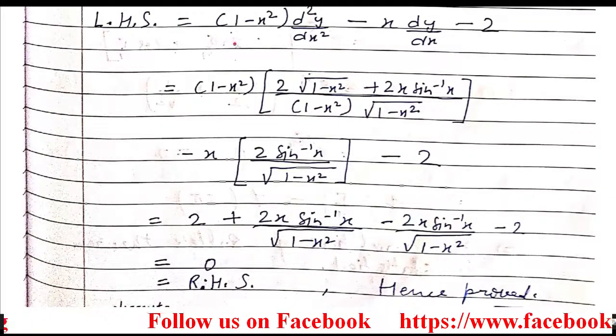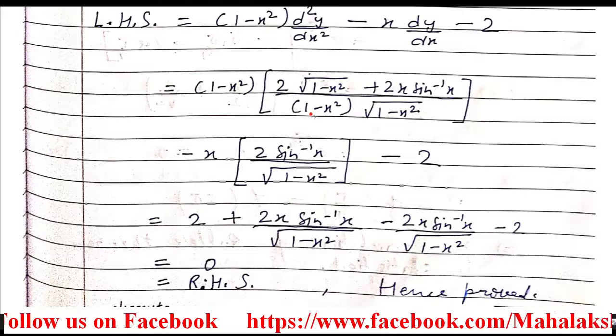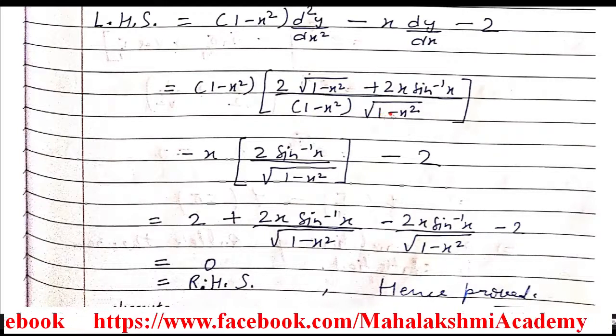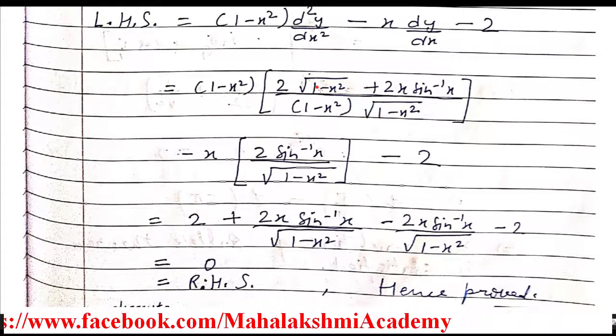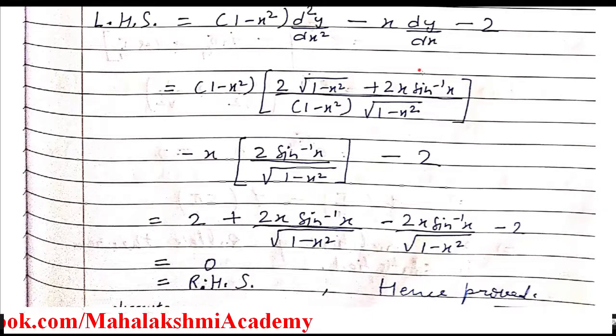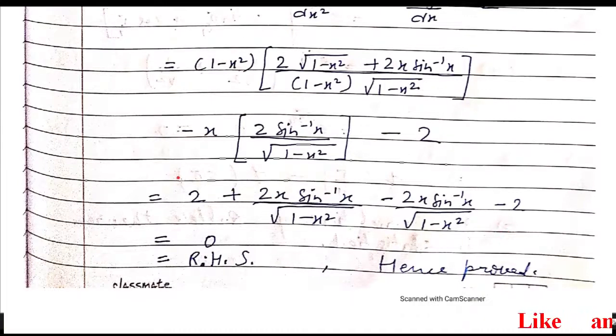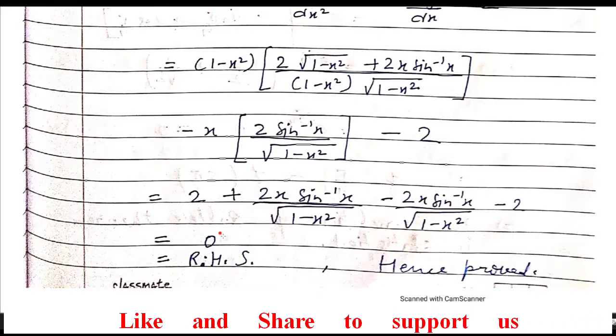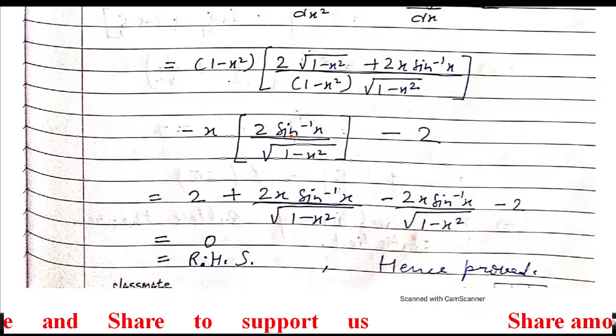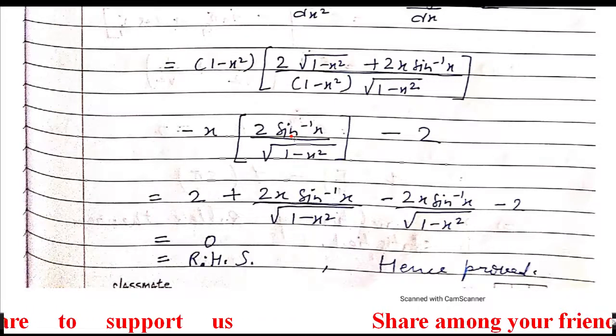Now here you can see this bracket and this bracket can get cancelled, and then separate this denominator. When it goes with this, you will obtain only 2, and this term you will obtain like this, and these terms are as it is. You can see that this 2 and this 2 will cancel each other, and these middle terms will cancel each other, so you will obtain 0. So question number 8 is also completed like this.